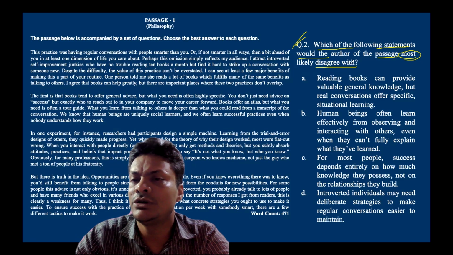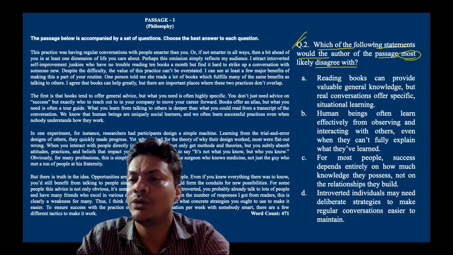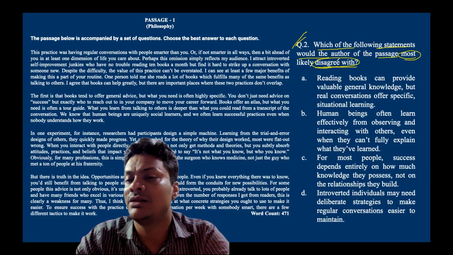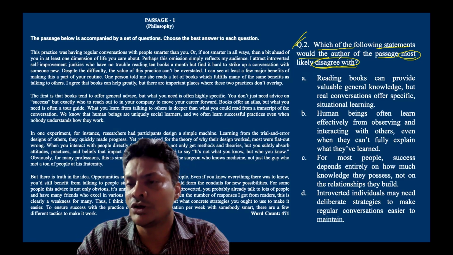Okay, so here question number two stated which of the following statements would the author of the passage most likely disagree with. So it is stated that which choice will go against the author, right?